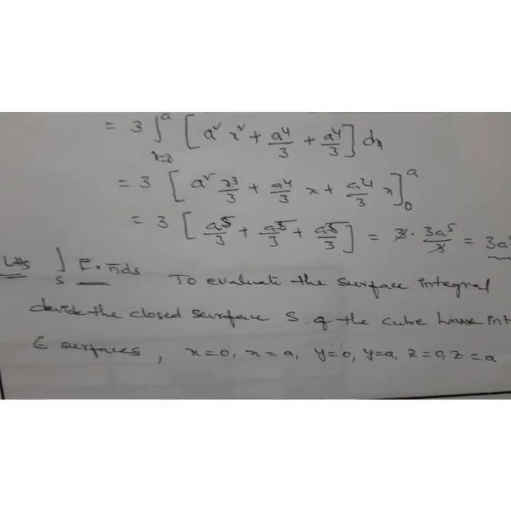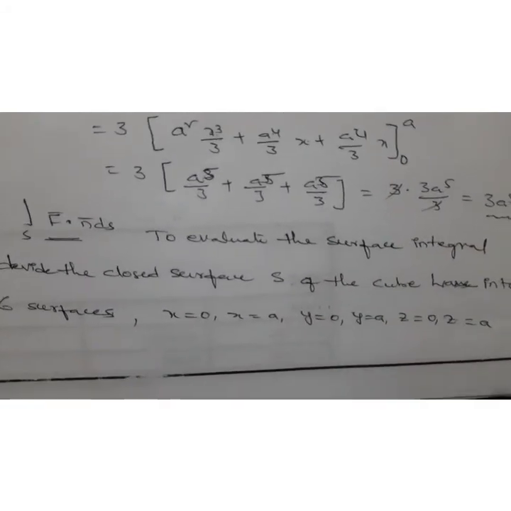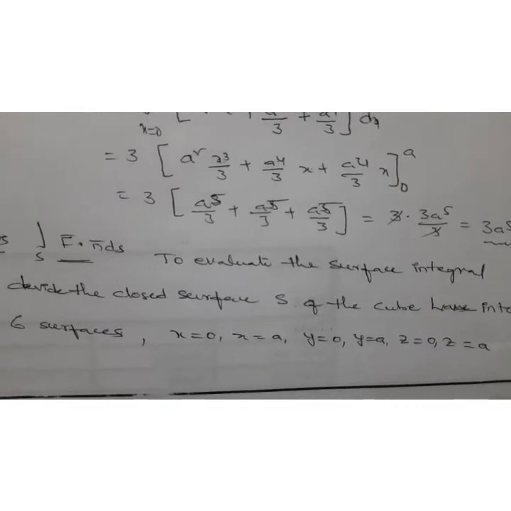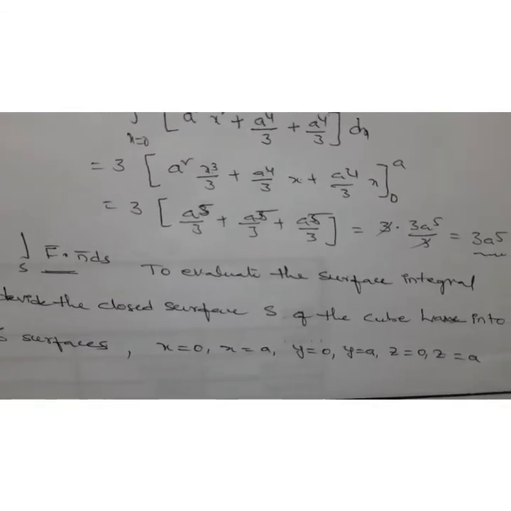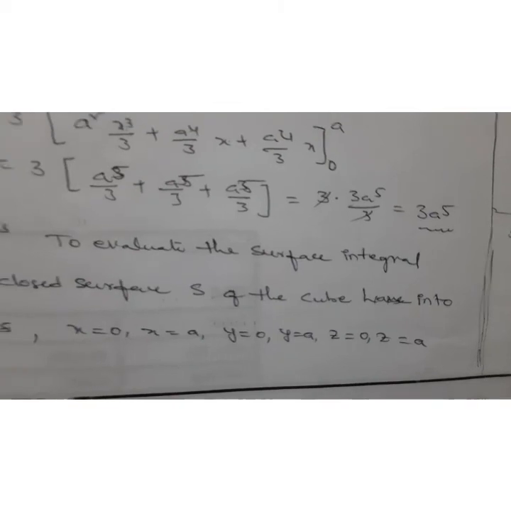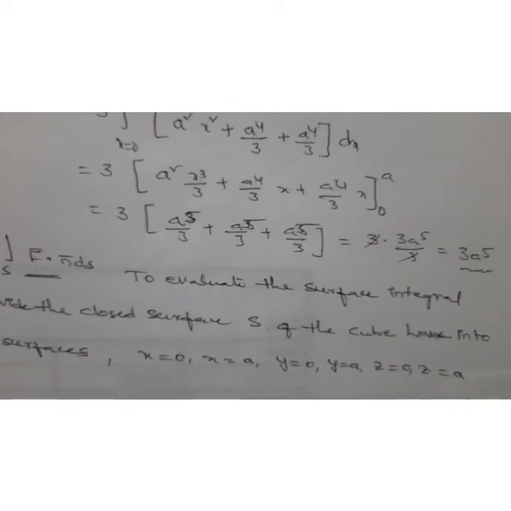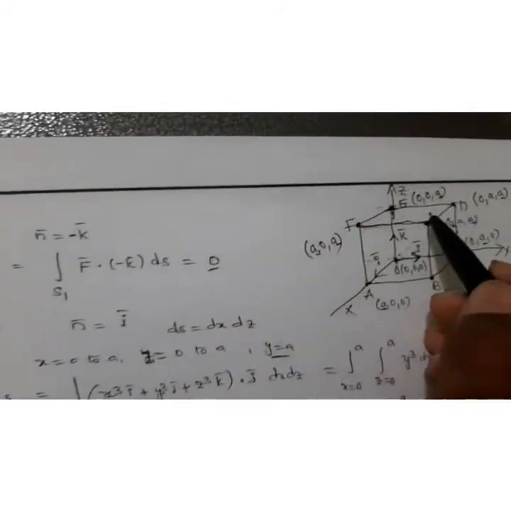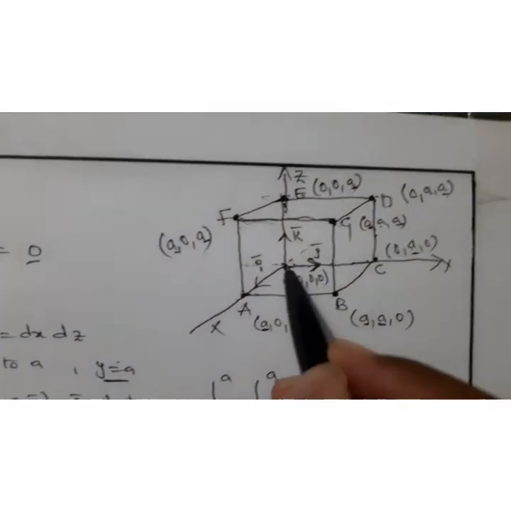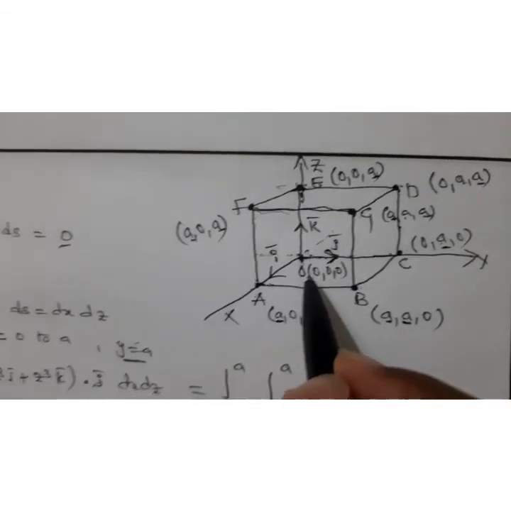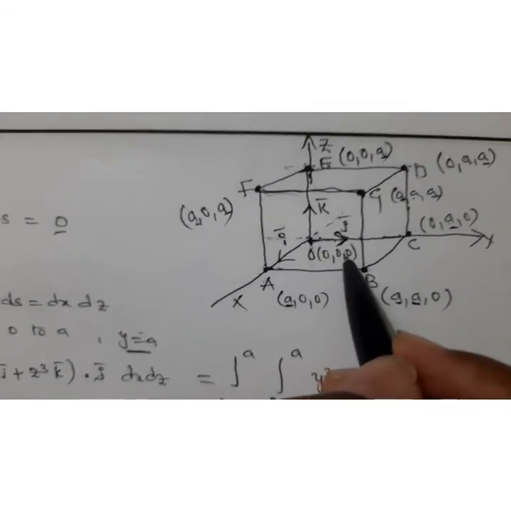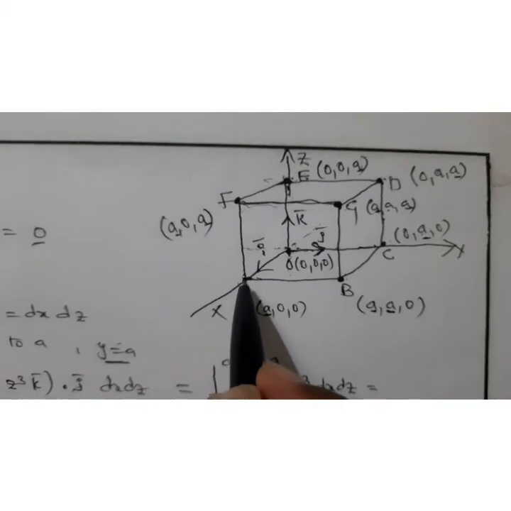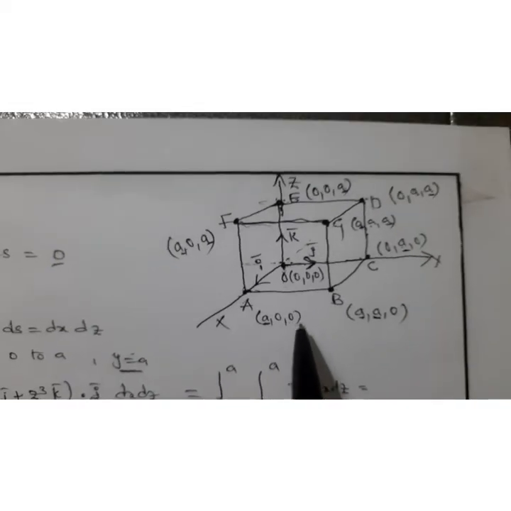Next, find the LHS value, the integral over S of f bar dot n bar into ds. Here the cube has a total of 6 surfaces. The cube is bounded by x is equal to 0, x is equal to a, y is equal to 0, y equal to a, z equal to 0 and z is equal to a. First draw the cube diagram, then define the points. This is the origin, denoted by 0, 0, 0. The point A on x axis is a comma 0 comma 0.